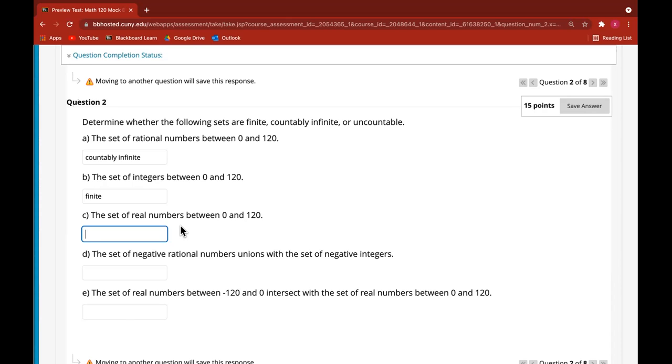In class we checked the real numbers in the interval from 0 to 1, and we showed that it's not countable. No matter how you list out all the elements, you will always be able to find a new element that does not belong to your list. So this will be uncountable.